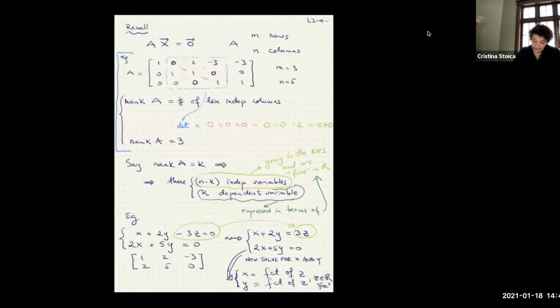Looking at the matrix expression of this linear system, we have A, the matrix of the coefficients. Just looking at the rank of A and the number of equations and the number of unknowns, or equivalently the number of rows and columns, we can figure out how many solutions we're going to have.